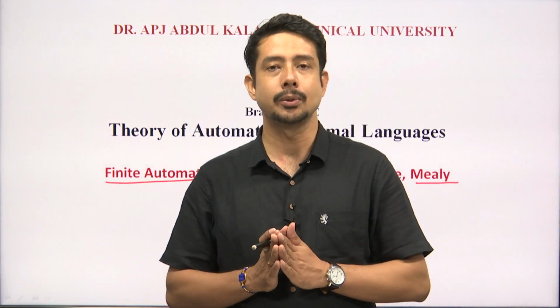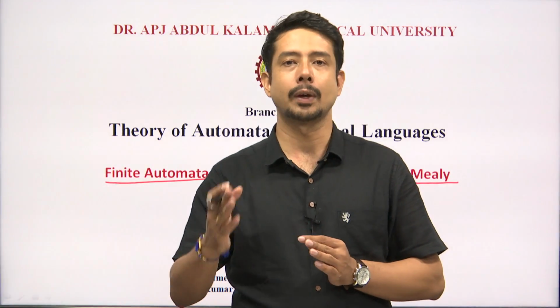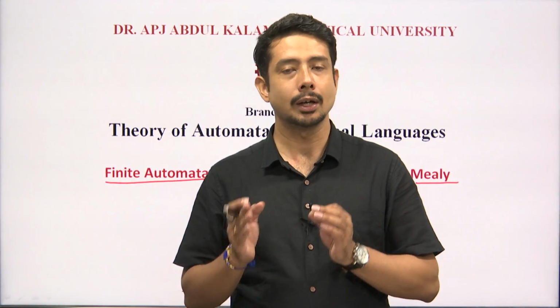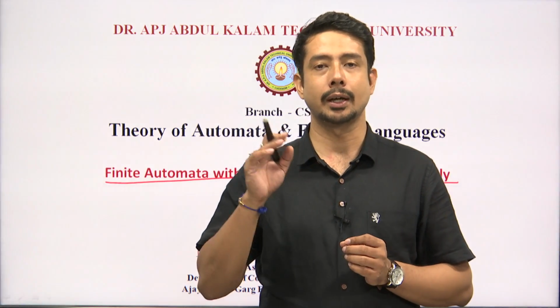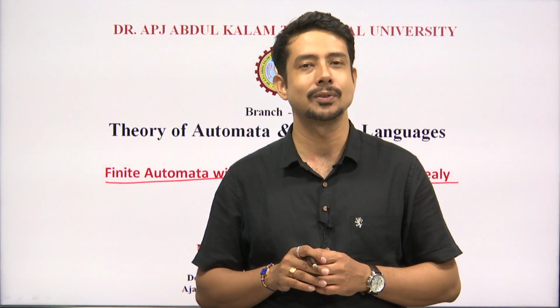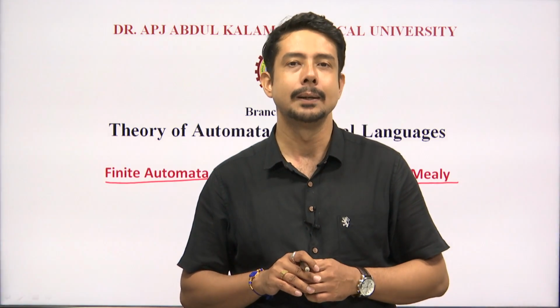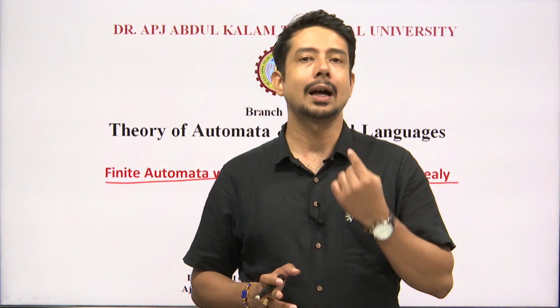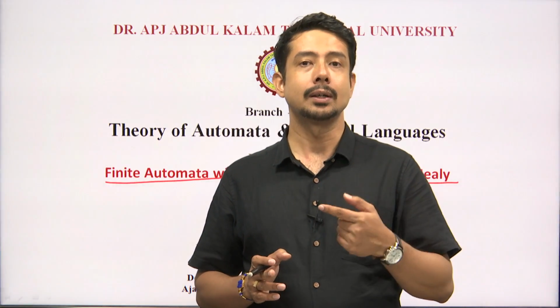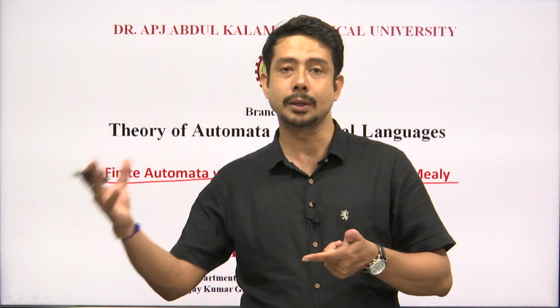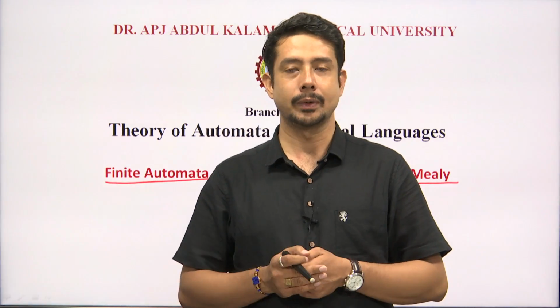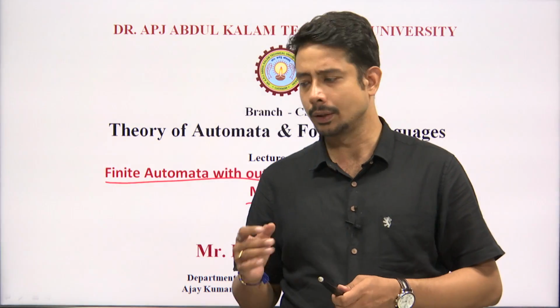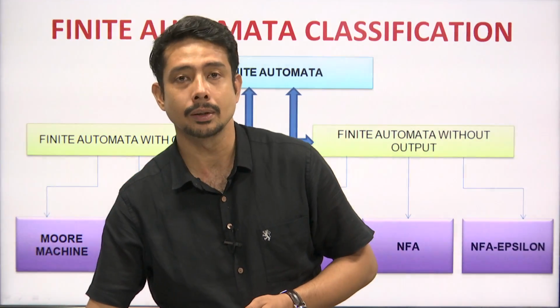Now, we will look into a different approach, that is finite automata with output. Here we will not consider any kind of double circular representation, which we call a final accepting state. Here we will look into how we can get the particular string with the help of a particular output alphabet.